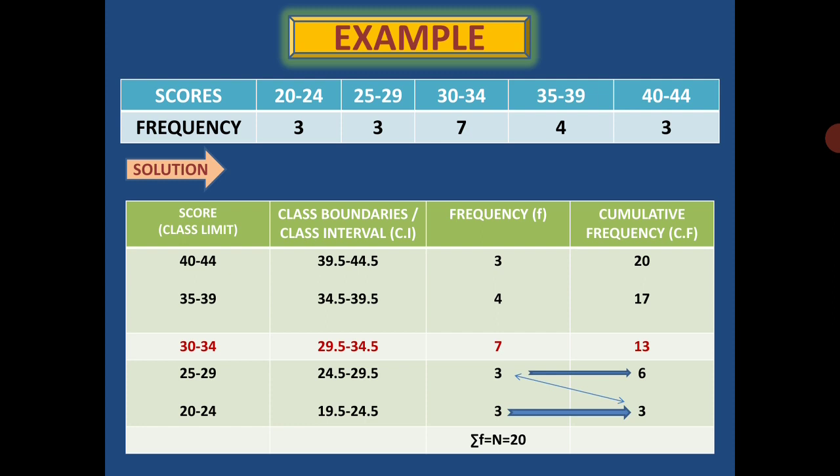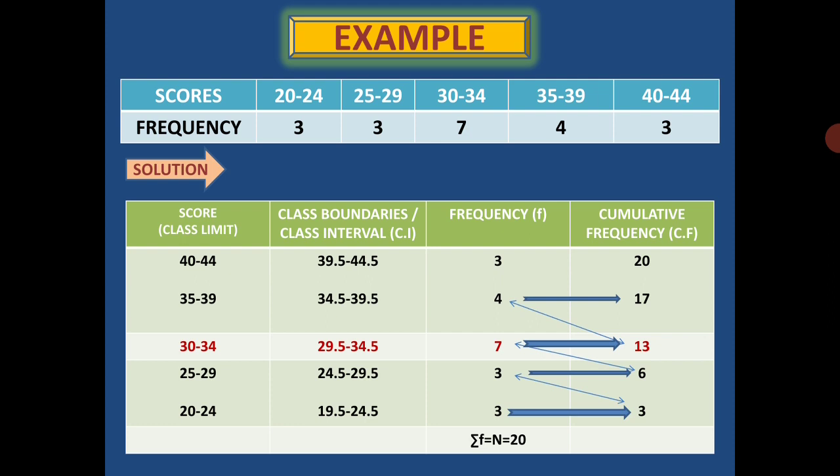In this way, by adding 6 plus 7, we get the cumulative frequency for class limit 30 to 34, which is 13. Again, 13 plus 4 equals 17, which is the cumulative frequency of class limit 35 to 39.